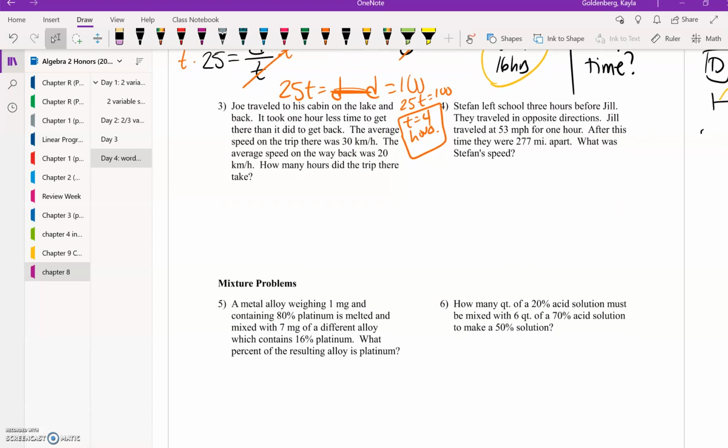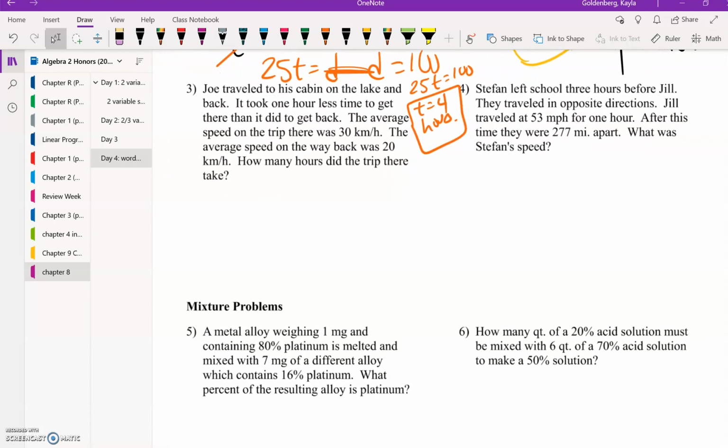Next one is Joe traveled to his cabin on the lake and back. Okay, took 1 less hour time to get there than it did back. So let's do a there and a back. We're going to keep our information in a table. Okay, so it took 1 hour less to get there than it did to get back.